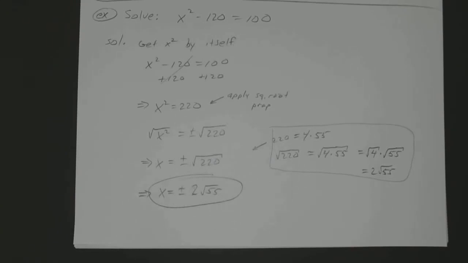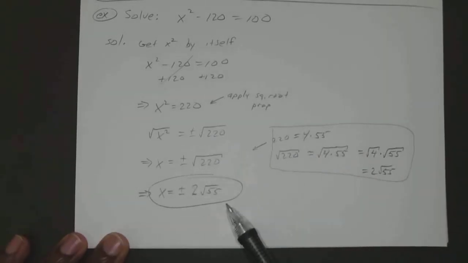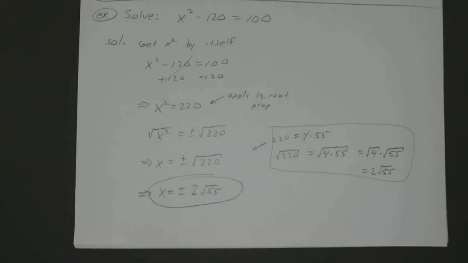Oh, you mean if you just have the plus or minus there, or do you have to put it separate? Yeah, do we have to put it separate? Oh, no. If you left it like that on a test, that'd be okay. But I think on the homework, they want it separate. Okay. Any other questions?